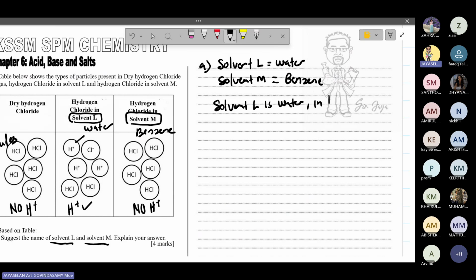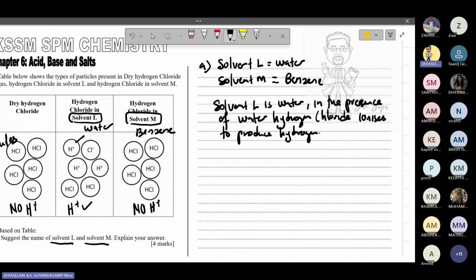Then I put in the presence of water, hydrogen chloride ionizes to produce hydrogen ions. Okay, you already score another mark. Mark point number 3. Okay, point number 2, solvent M.